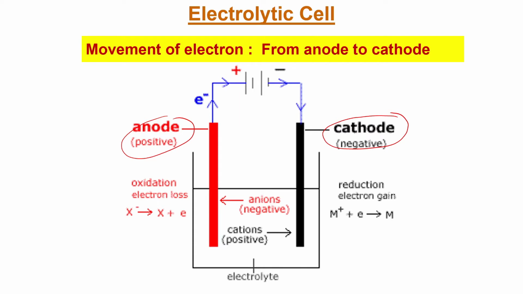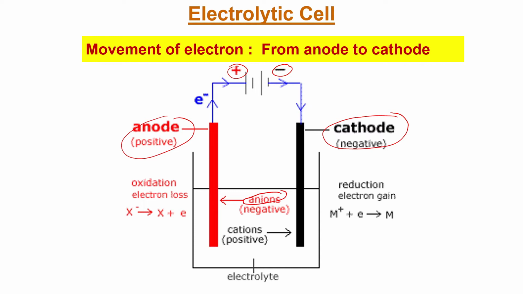So the negative ion, which we call an anion, will go to the anode because it is the positive electrode, and the cation, which is the positive ion, will go to the cathode. Okay, so the anode is the positive electrode, so it will connect to the positive terminal of the battery or source of electricity. Okay, the cathode is the negative electrode, so it will connect to the negative terminal of the battery.